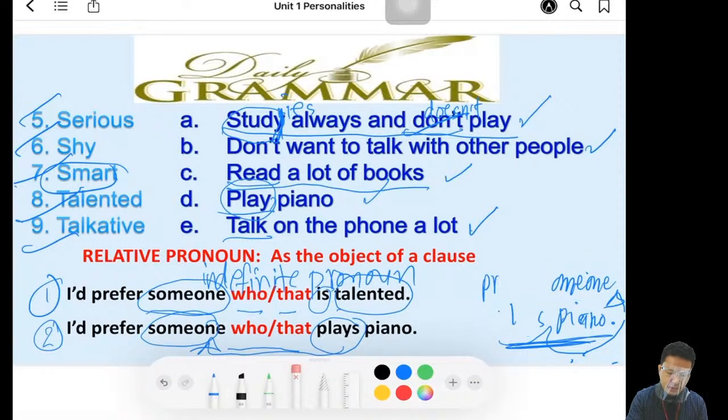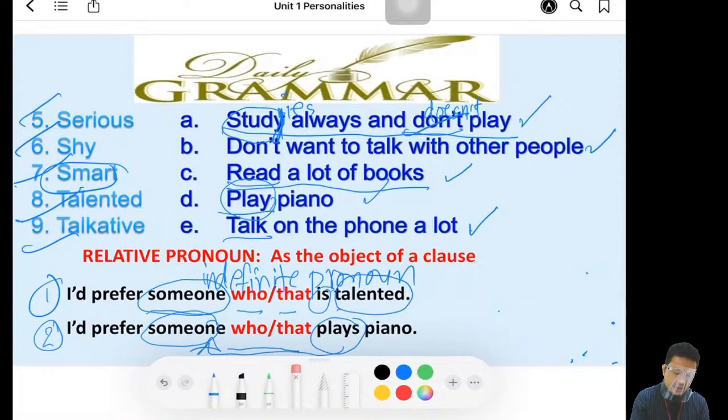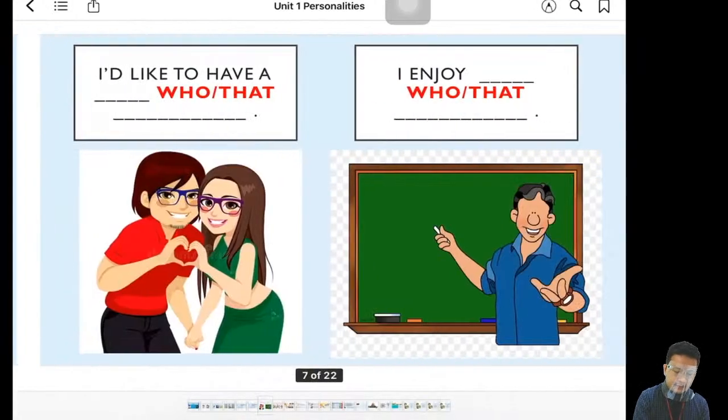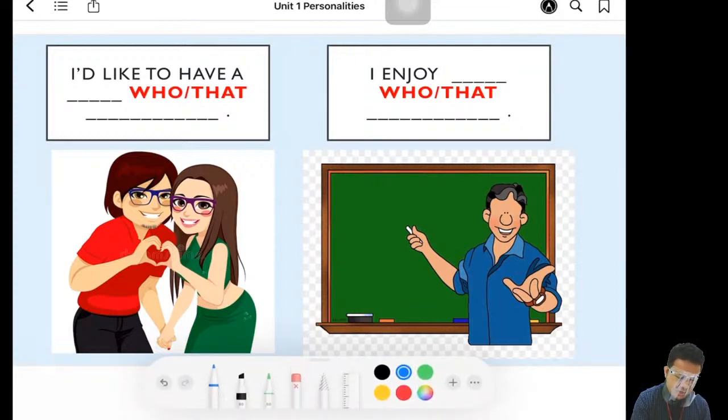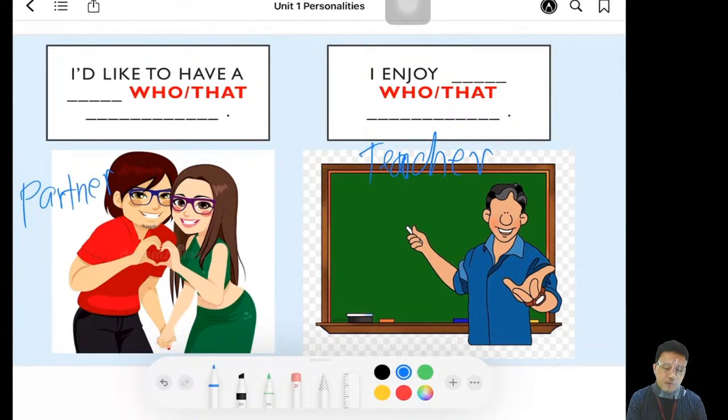Now, moving on to another set of examples or topic. Let's have this one. Another structure. I'd like to have a blank who or that blank. The same structure. So you notice you have two pictures here. This talks about partner. Partner could be your boyfriend or girlfriend or your best friend or friend. And this one is teacher. So you're going to describe, by filling in the structure at the top, inside the box at the top, this one and this one.